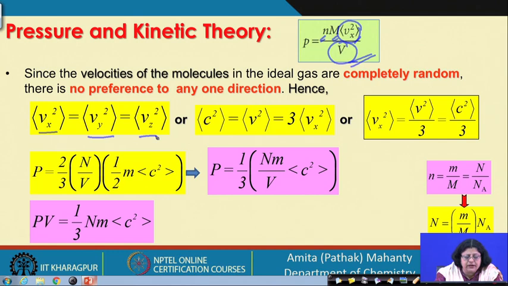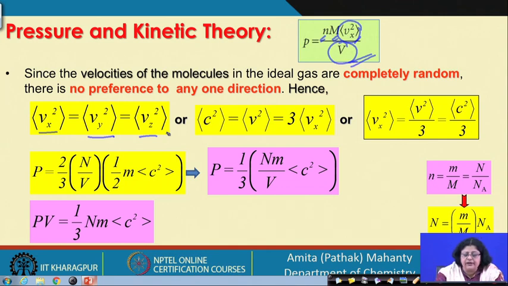They have equal chance of a particle moving with a velocity x along the x axis, the same as a particle moving with the velocity y in the y direction and the velocity z along the z direction. That means the probability of having any of these velocities by a particle should be equal. They are equally probable to have either this or this or this.